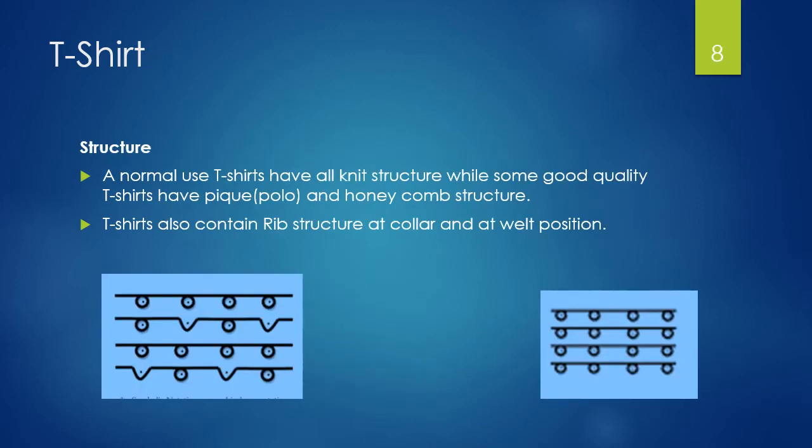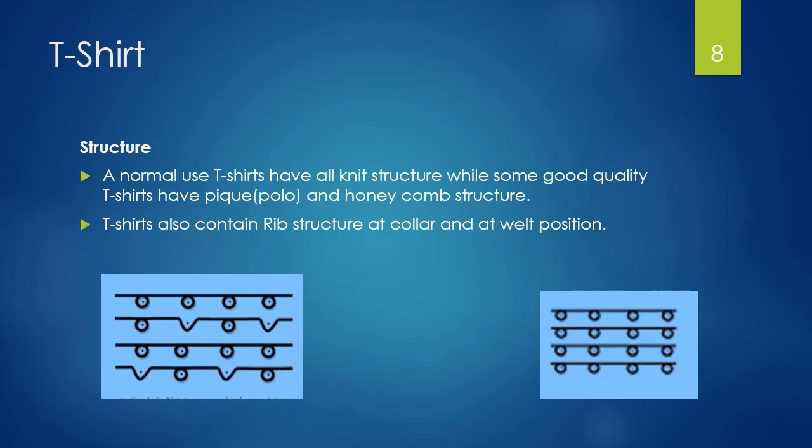This is the main t-shirt structure for polo t-shirts, and as written in the first line, mostly t-shirts are made in weaving, but polo shirts are made in the knitting department. So the left picture is the structure and design for a polo t-shirt, PK, and the right picture is again the design of the single jersey fabric.